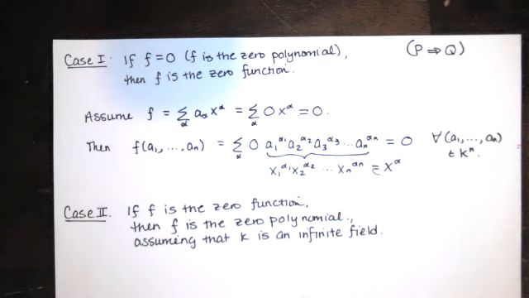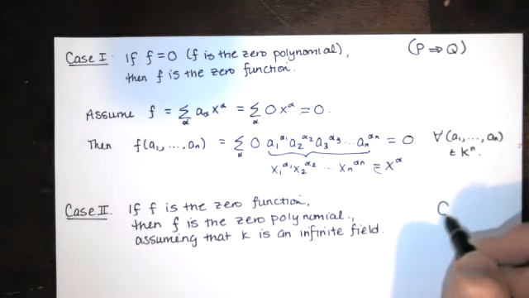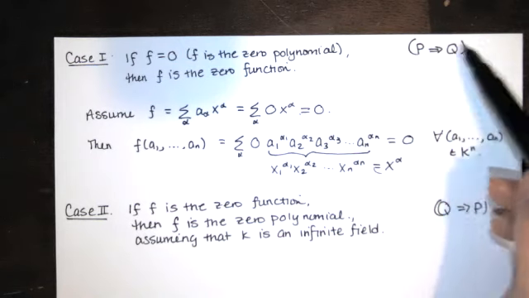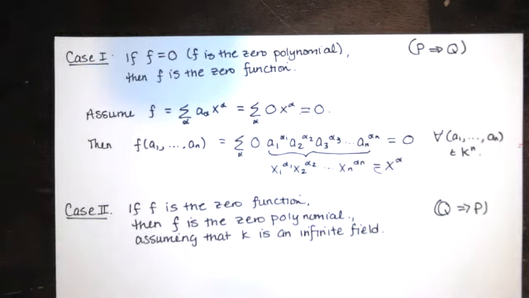Now this is easiest to prove by induction. So we're trying to prove that Q implies P so that we can show that P implies Q and Q implies P, therefore they're equivalent to each other.